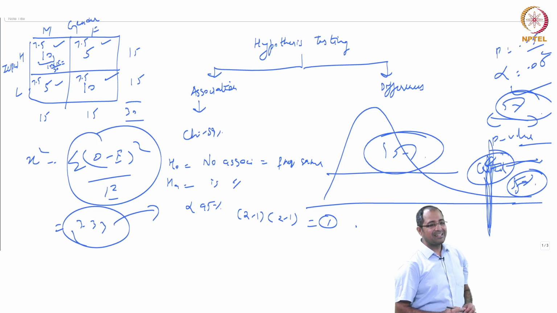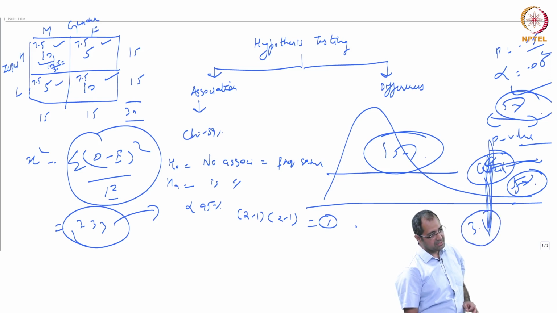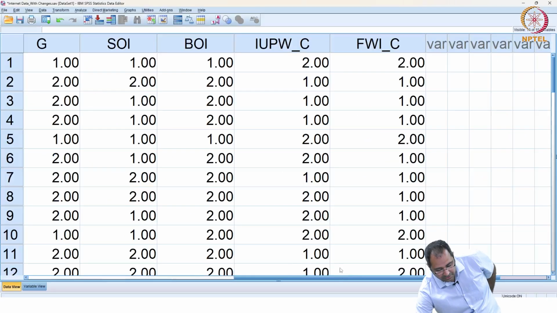Let's say this critical value is 3.1. What is the probability that you obtain a sample higher than this difference? Here it is written: only 5% probability that you obtain a sample which has a chi-square value higher than 3.1.